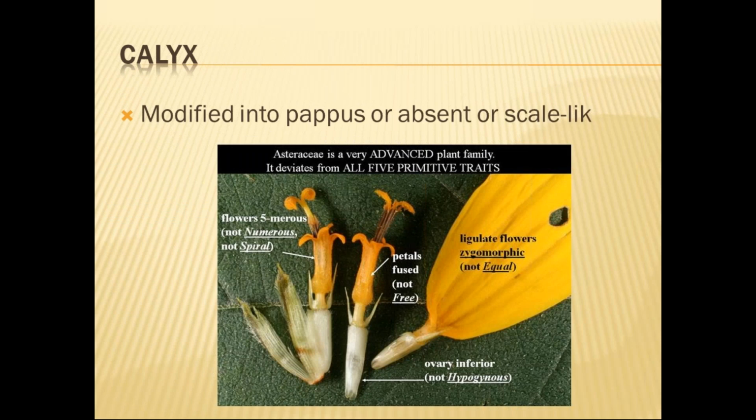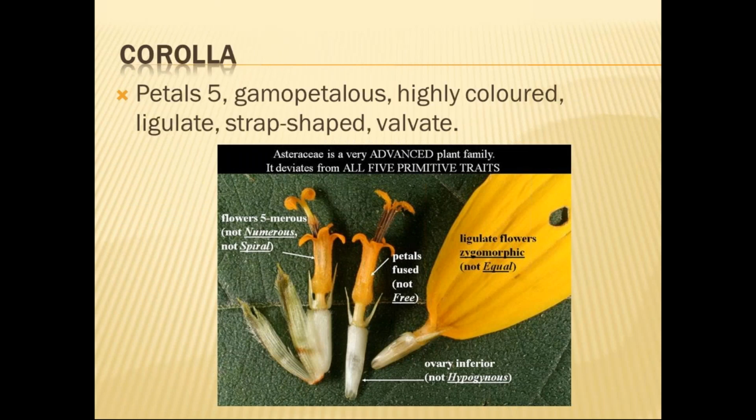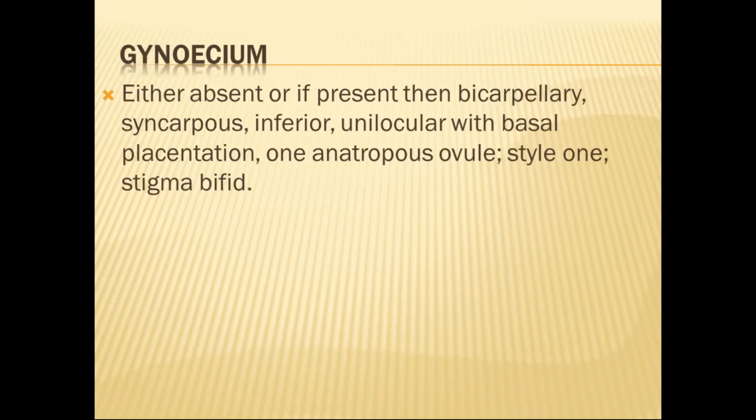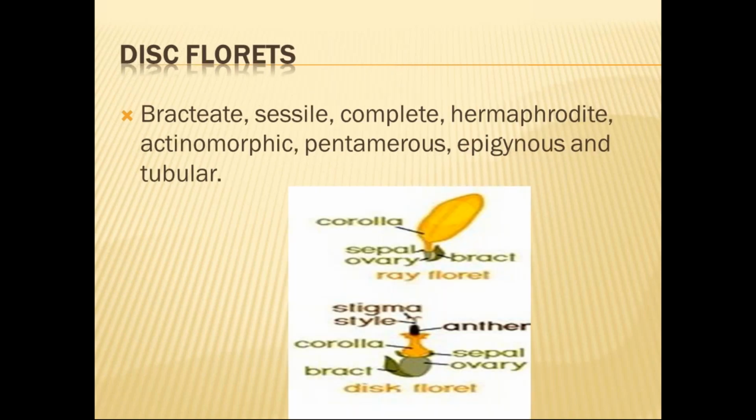Calyx is modified into pappus-like structure, or absent, or scale-like. Their corolla is 5 petals, gamopetalous, highly colored, ligulate. Androecium is absent, gynoecium is present. It's inferior ovary, bicarpellary, unilocular with basal placentation. Style is 1, stigma is bifid.